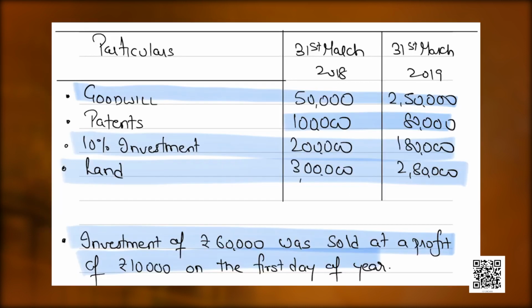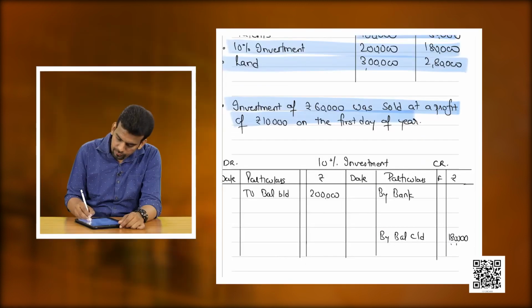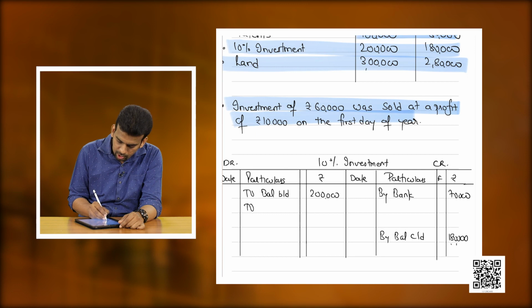And the question is saying investment of rupees 60,000 was sold at a profit of 10,000. That means we sold it for 70,000 and gain would appear on debit side.